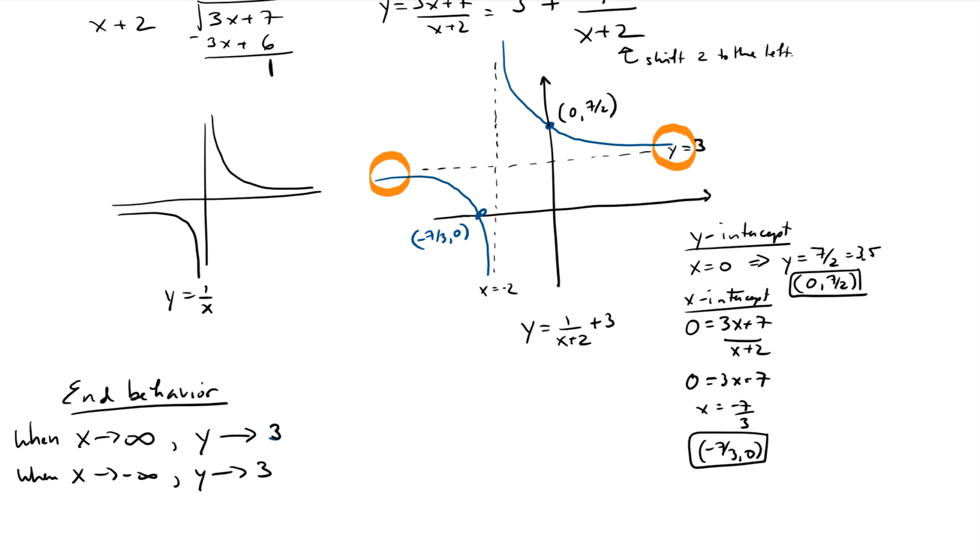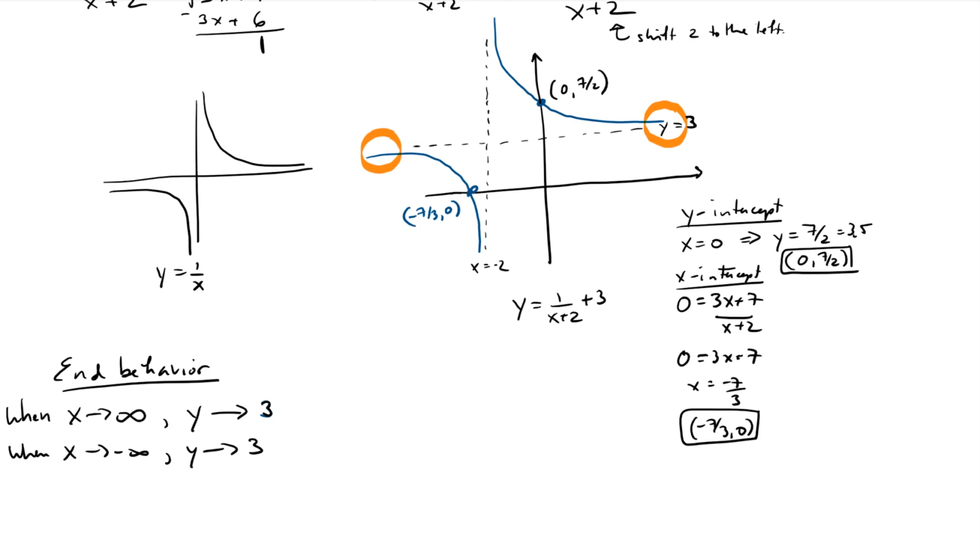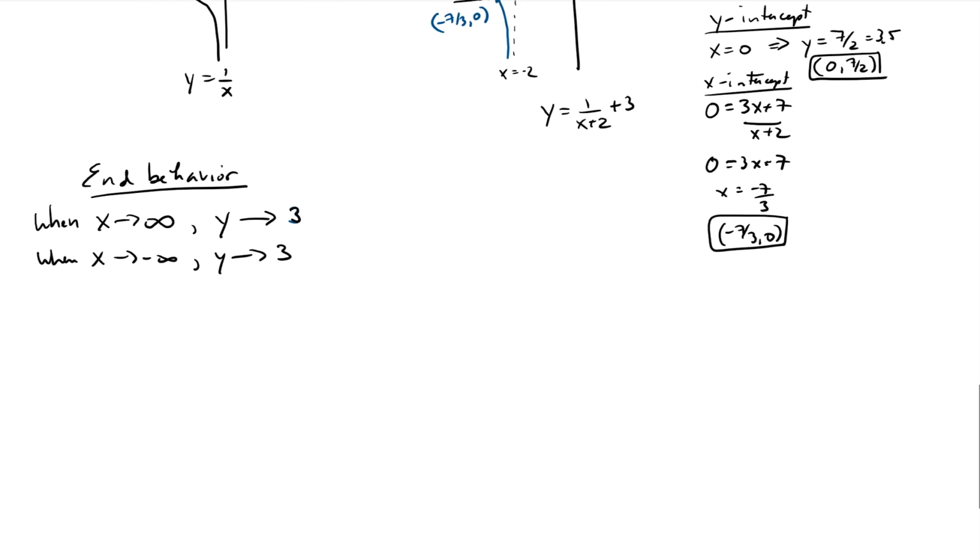So we can graph our function to find our end behaviors, but sometimes it's actually hard to graph those functions. So I'm going to show you a pretty interesting way of getting the end behavior when you have a rational function. When x is large, when it goes towards plus or minus infinity, it doesn't matter.